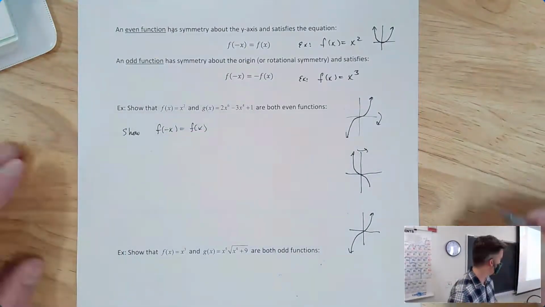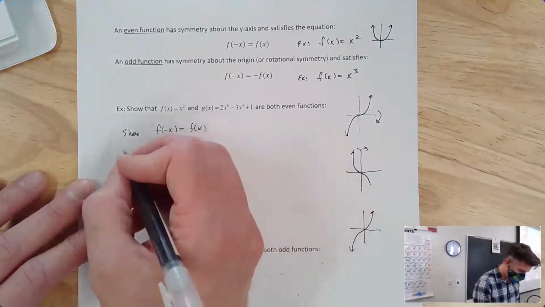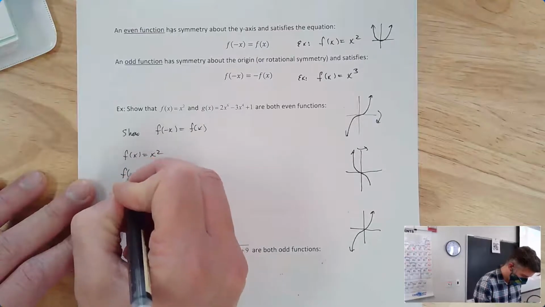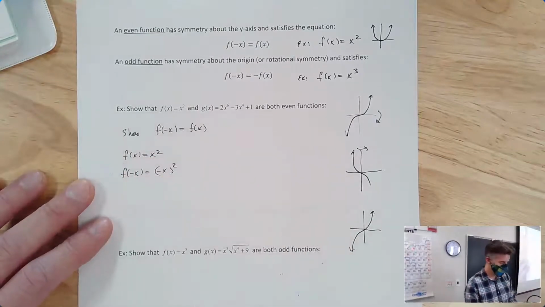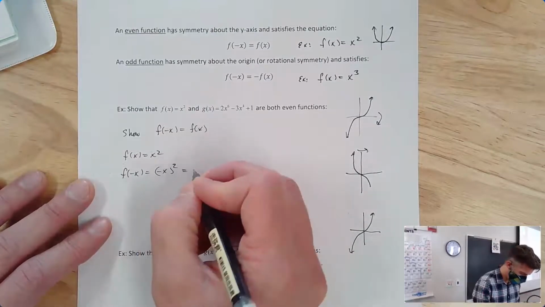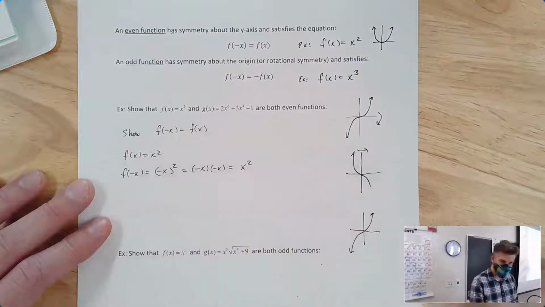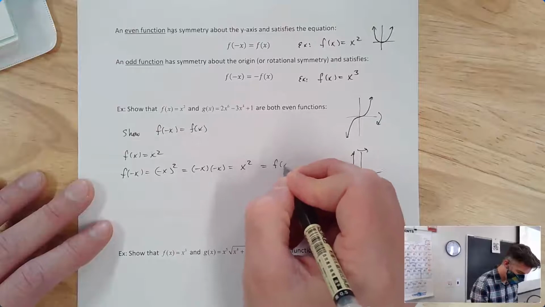So I'm going to replace x with -x. So if f of x equals x squared, then f of -x is going to be -x quantity squared, which you could actually write as -x times -x, which is positive x squared. And oh, look, that's the original function.